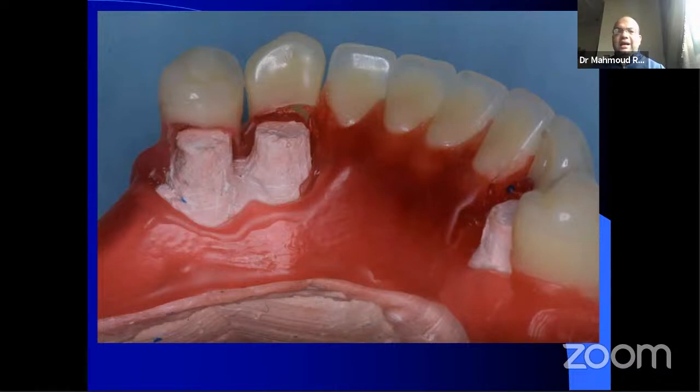It will give bad aesthetics here. But if we plan for this, we can make good aesthetics. We can also make a sufficient denture base over the attachment, so we avoid the breakage of the denture base above the attachment.